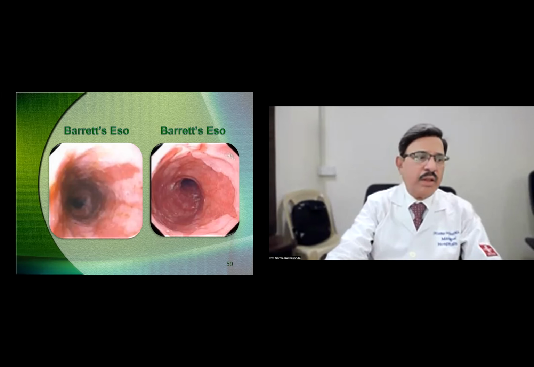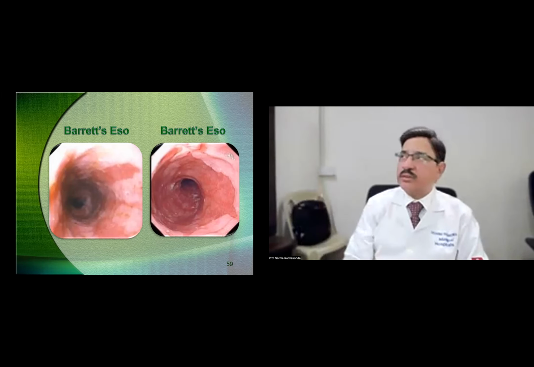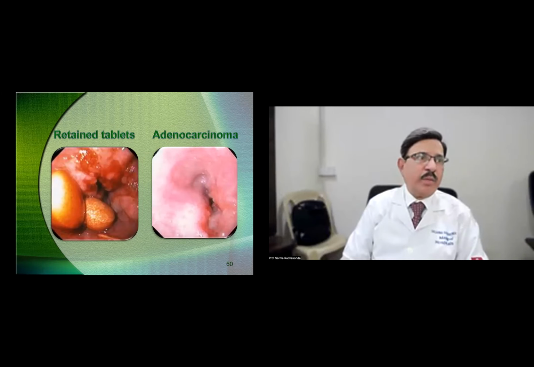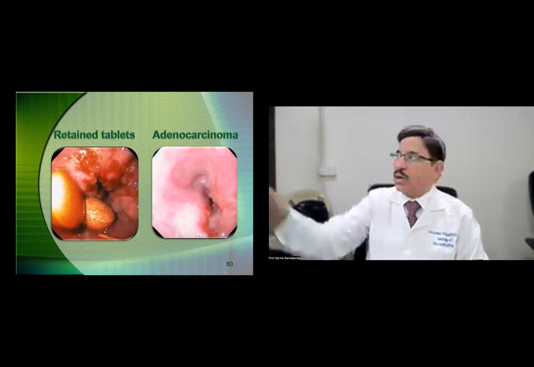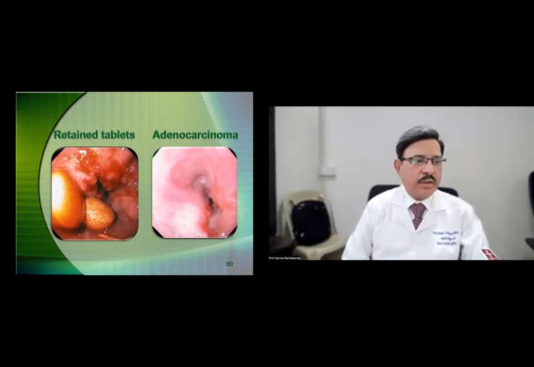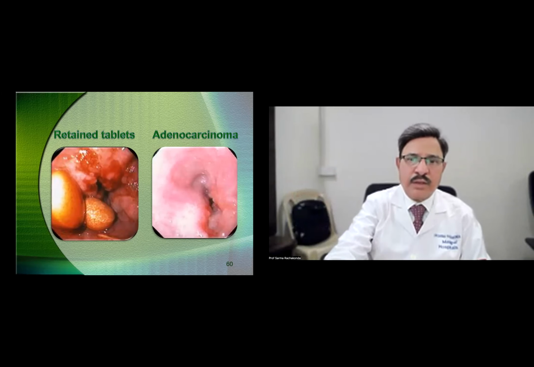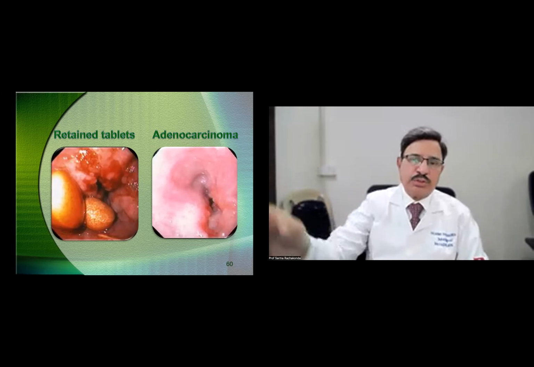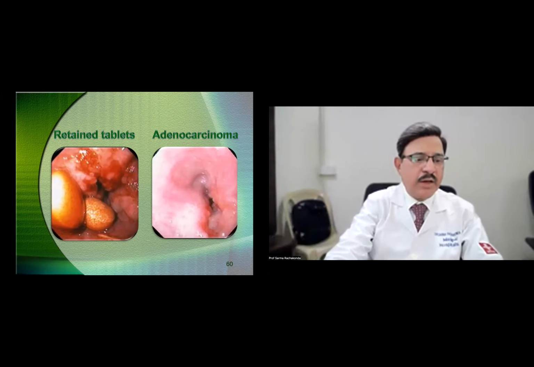Then there is a retained tablet in the esophagus. This fellow has dyspepsia, the tablet could not go through. We found adenocarcinoma. You can see in this picture a bulge in the inferior lateral wall of the esophagus, at the 7 o'clock position. When biopsied, it was adenocarcinoma.